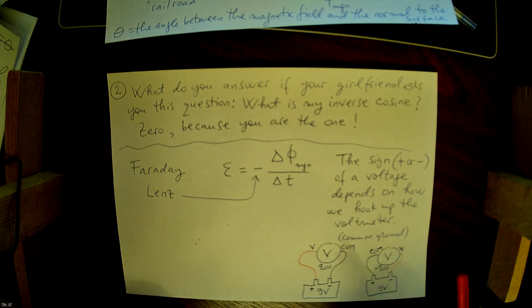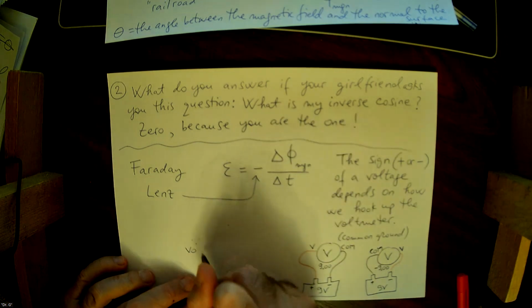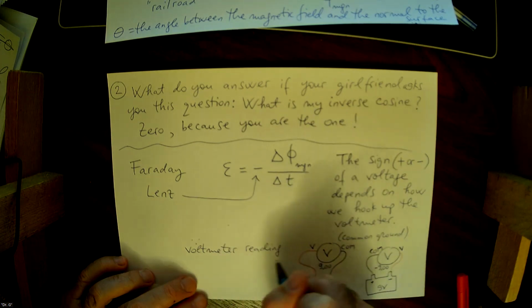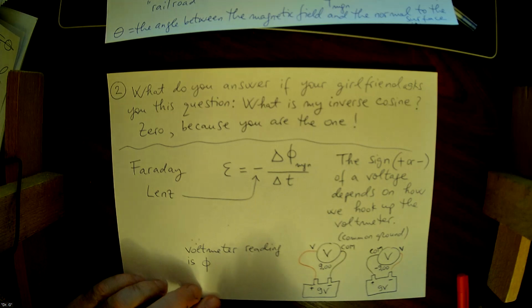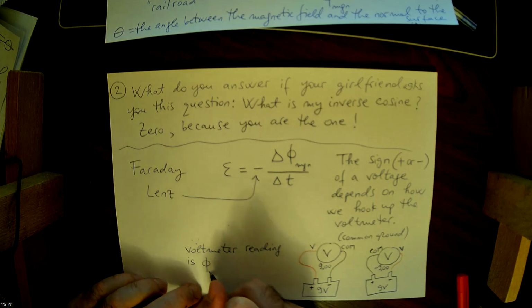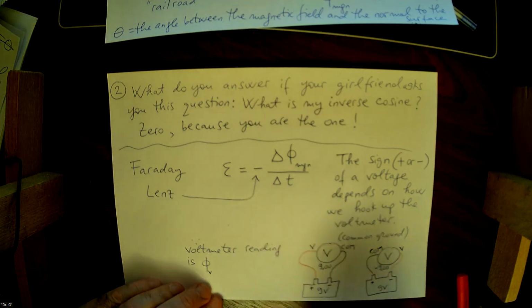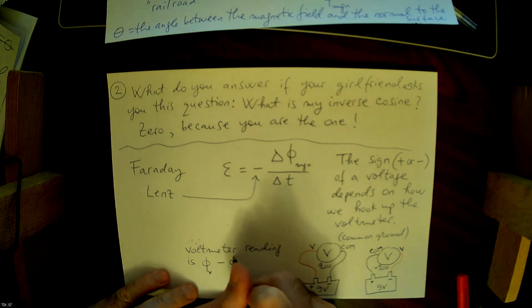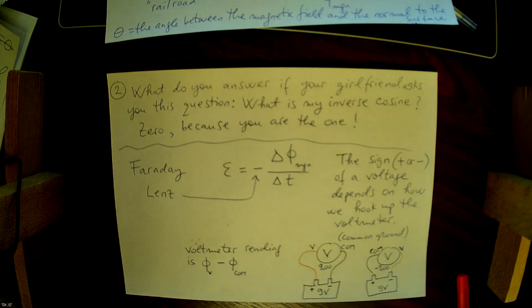So the voltmeter reading is the electric potential at the positive probe minus the electric potential at the common ground, at the black probe.